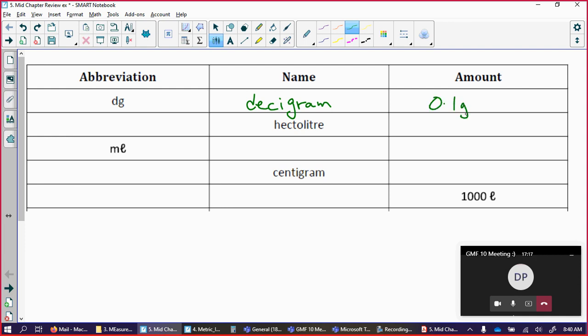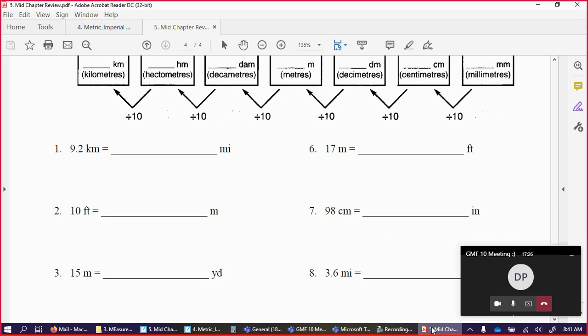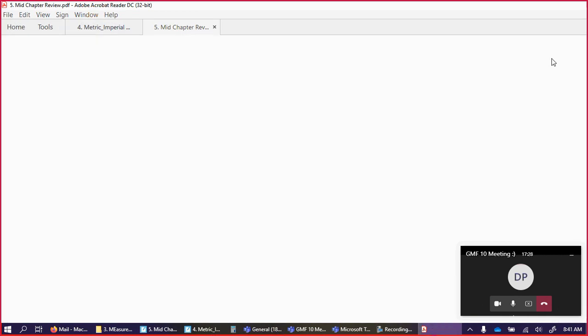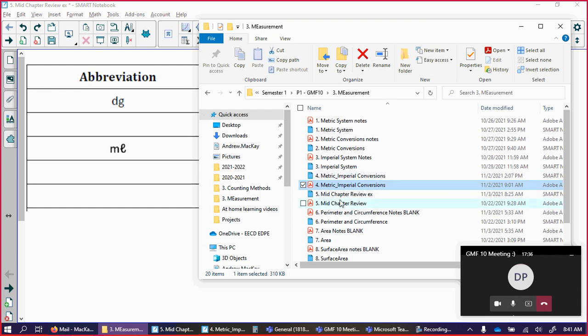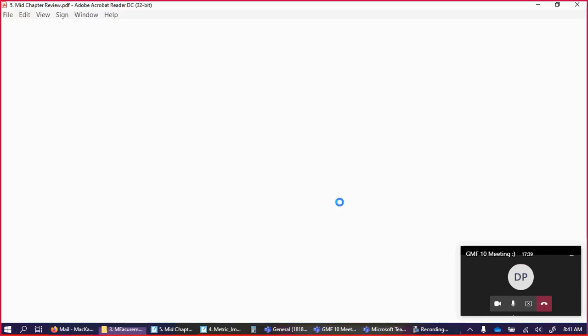Because it's gram, that is 1/10 of a gram. So this all goes back to that original chart. You actually can use kind of this idea, this little, what just happened? Apparently it just decided to go bye-bye.